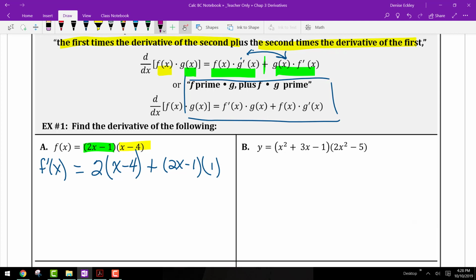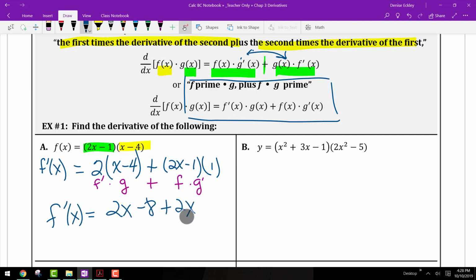So I have f prime g plus f g prime. I get f prime of x equals 2x minus 8 plus 2x minus 1. Simplifying this, we get 4x minus 9.